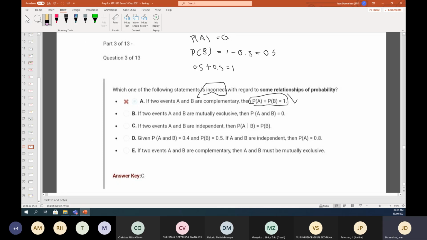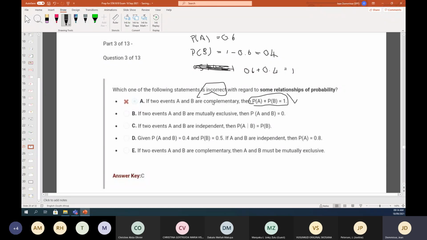Okay, so we have shown that it is even true. I just now used 0.5, but let's say A was 0.6. Then probability of A plus B will be 0.6 plus 0.4, which also gives me 1.